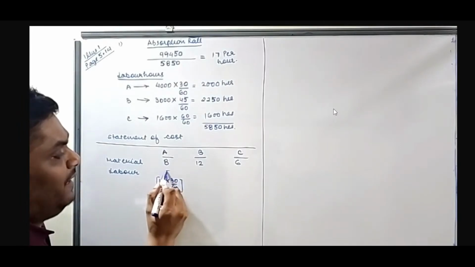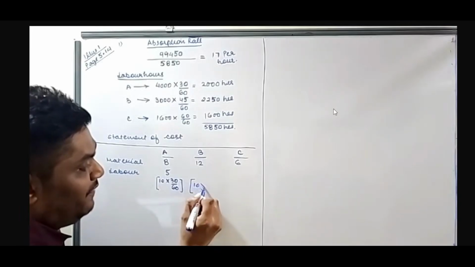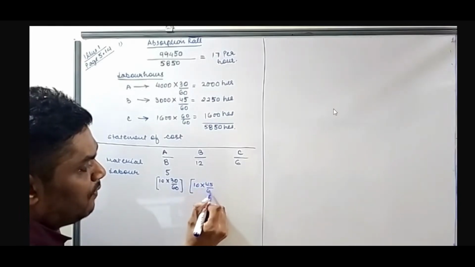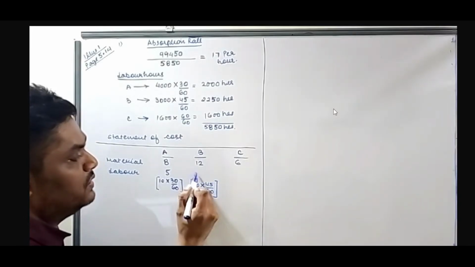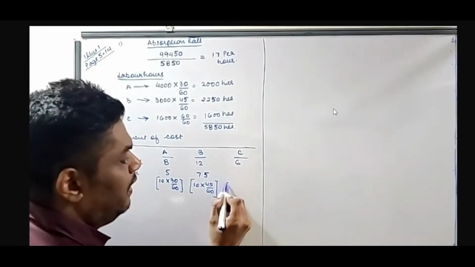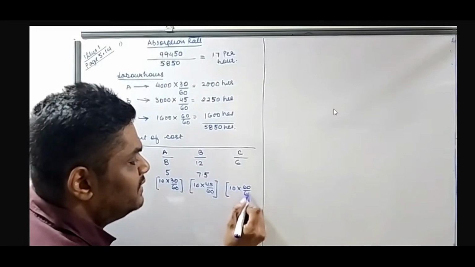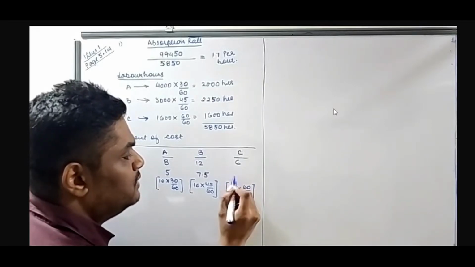So this will be 5. It takes 45 minutes, so this will be 7.5. And it takes 60 minutes, so 10 into 60 divided by 60. So it will be how much? 10.